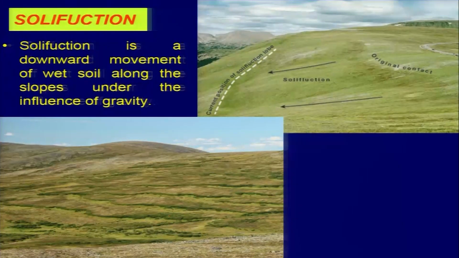The topmost soil has been moving downward, and this is mainly because of the top surface, which is getting saturated because of the melting of the snow or ice, which will result in slow movement under the influence of gravity.